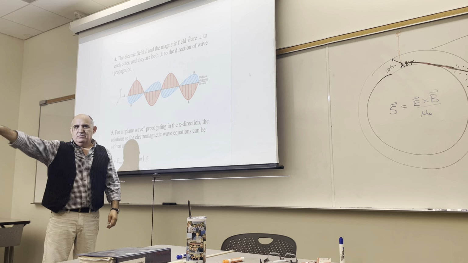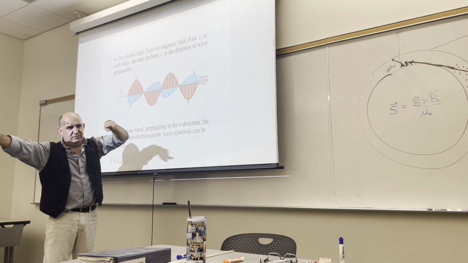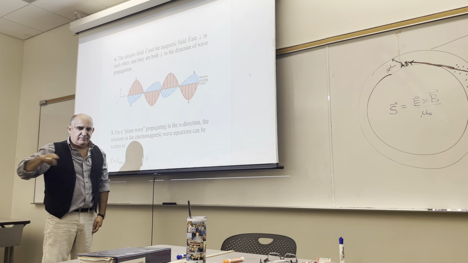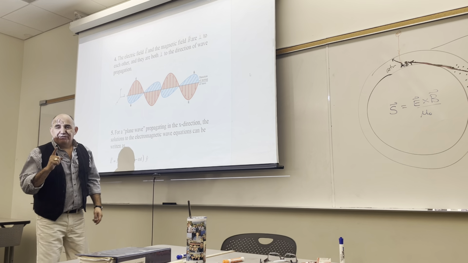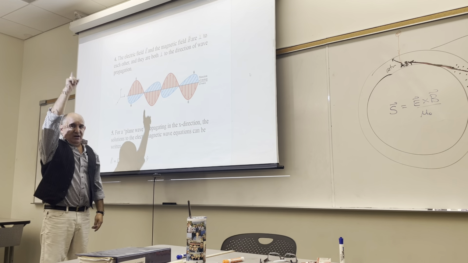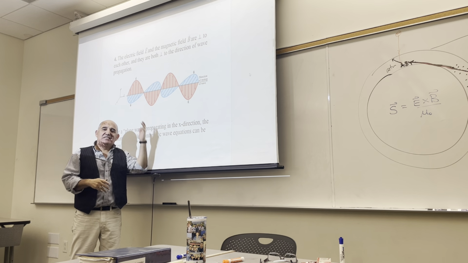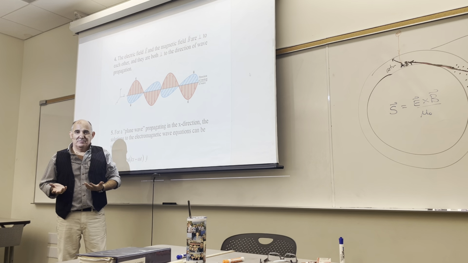So it turns out that when the electric field points up, the magnetic field points this way, so that E cross B points in the direction that the wave travels. So the magnetic field is pointing this way, this way, this way. So when the electric field points, like in this case, up and down, along the y-axis, one says that this wave is polarized along the y direction.